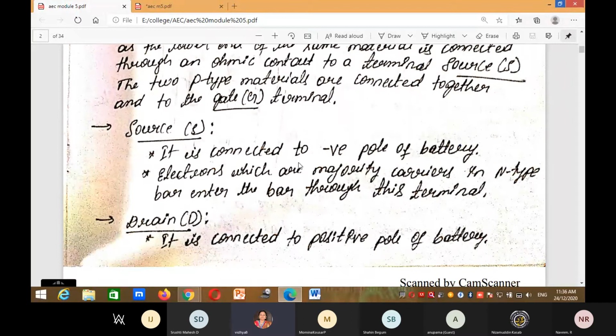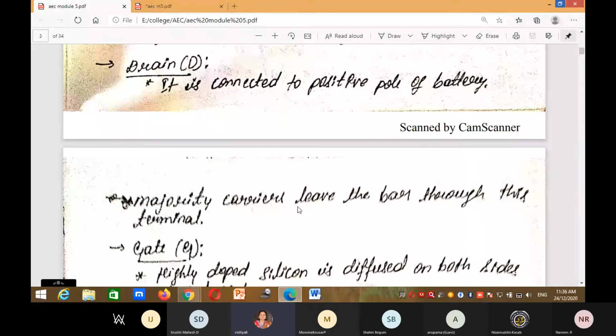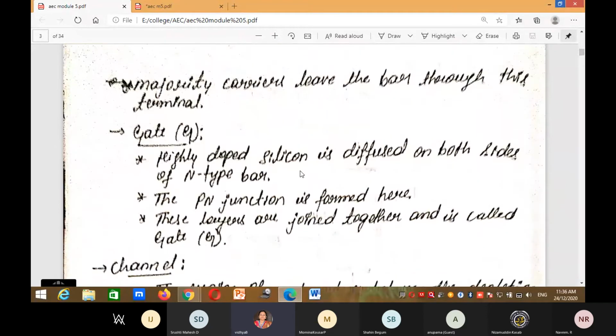Source is connected to the negative pole of the battery. Electrons, which are majority carriers in the N-type bar, enter the bar through this terminal. Drain is connected to the positive pole of the battery. Majority carriers leave the bar through this terminal. Next, gate: highly doped silicon is diffused on both sides of the N-type bar.